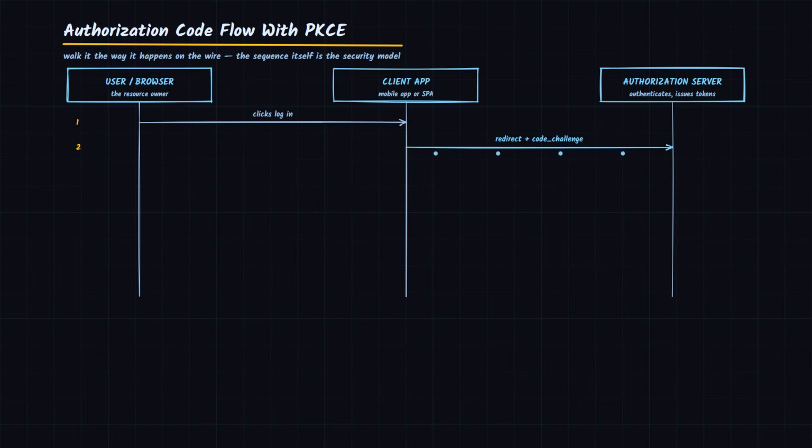The client exchanges that code for an access token by calling the authorization server directly, presenting the original secret alongside the code so the server can verify that whoever's redeeming this code is the same party that started the request.